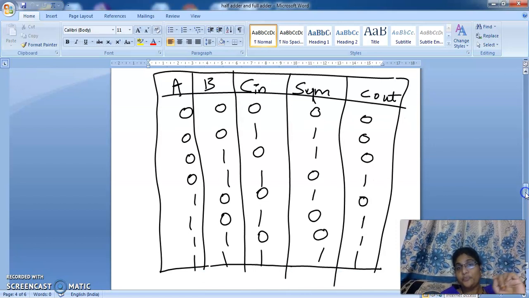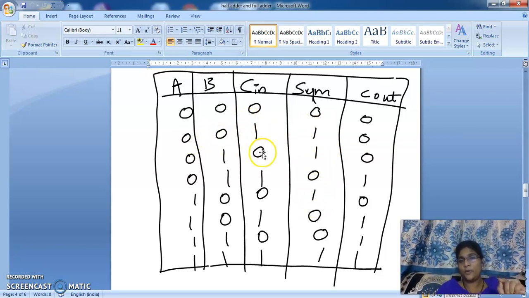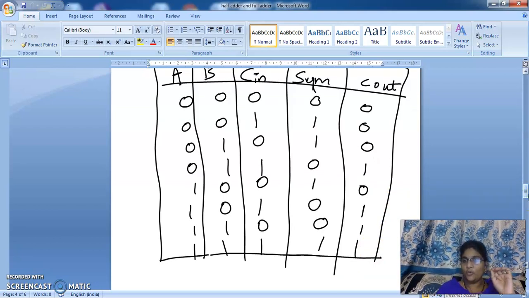So what we have to do now is observe in which combinations of A, B, C inputs the sum and the carry are ones. We need to check those conditions, and first of all write a truth table of this full adder.